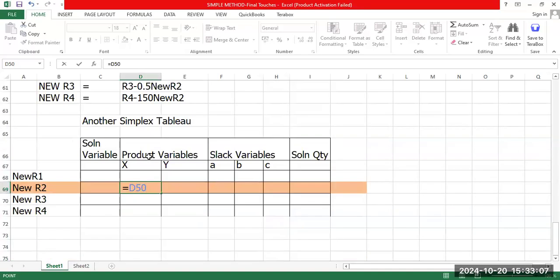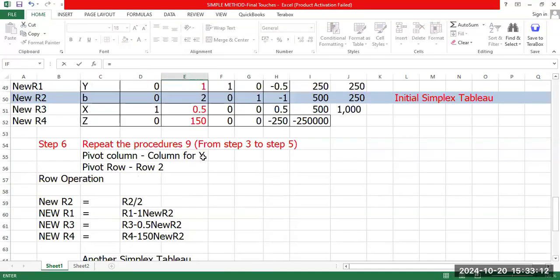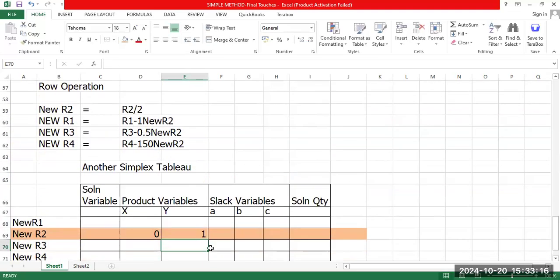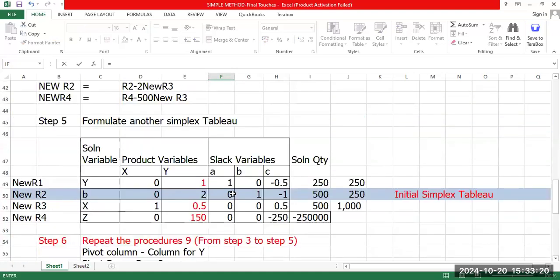Here you get 0. Then here you get 2 divided by 2. Then here you get 0 divided by what? By 2.